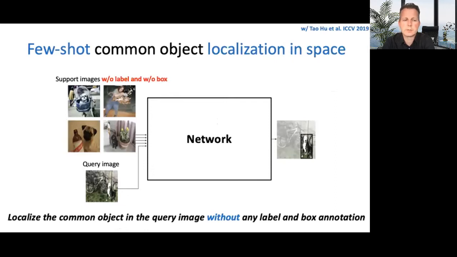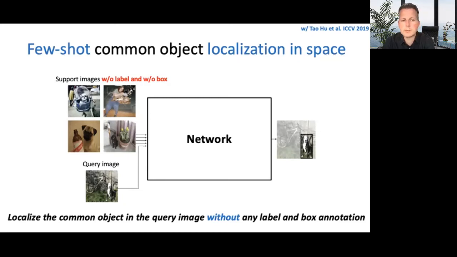Here the goal is to localize the common object in the query image without any label and box annotation. What is different from the traditional setting is that in the support images, we don't provide any label. We also don't provide any box information, but our network is still able to classify in a query image whether it contains the object and where it is localized.